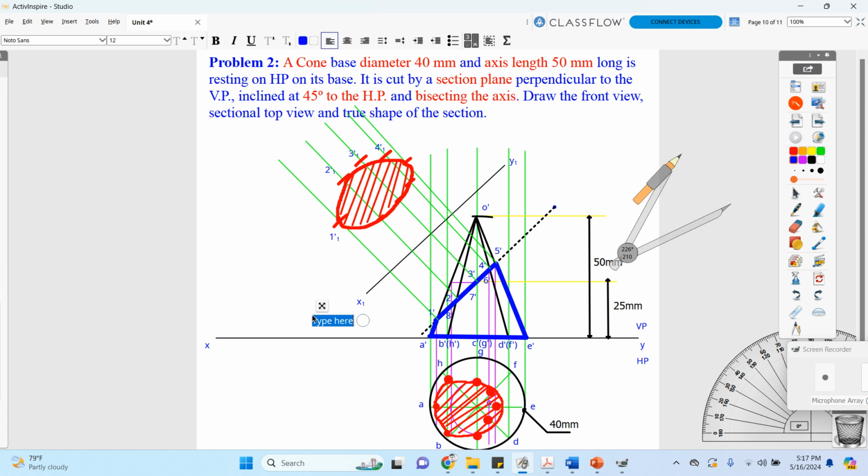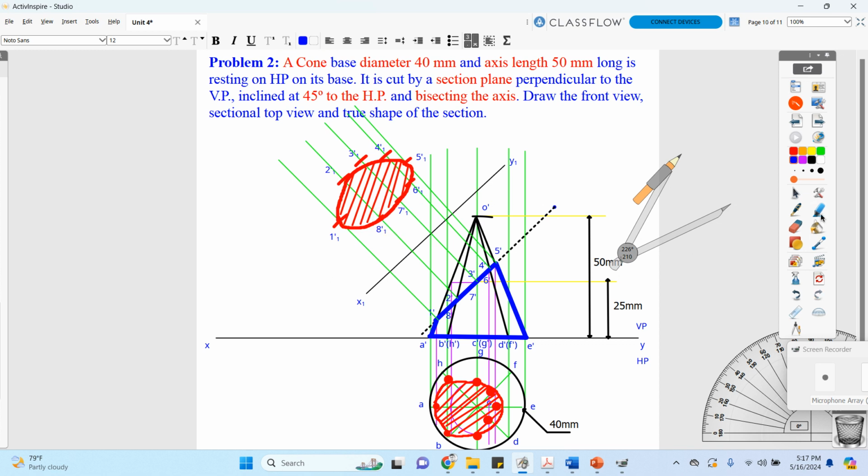Then 5 dash of 1 over here you will get. Then 6 dash of 1 you will find over here. Then 7 dash of 1 you will get over here. Then 8 dash of 1, the last point, you will get over here.